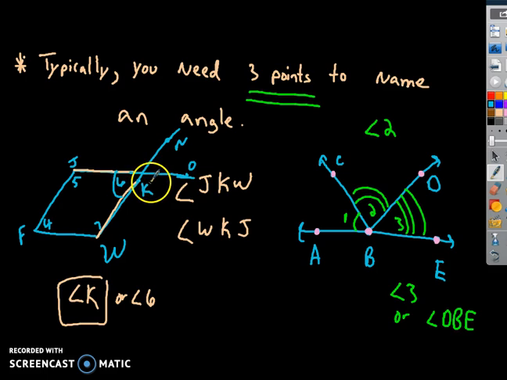I could be referring to angle JKN. Or I could be referring to angle NKO, this angle here. So I could be referring to lots of different angles. So I couldn't call it angle K with 1 letter because it could be confusing. You can only call it 1 letter if it's only 1 angle there and it can't be confused to be some other angle.